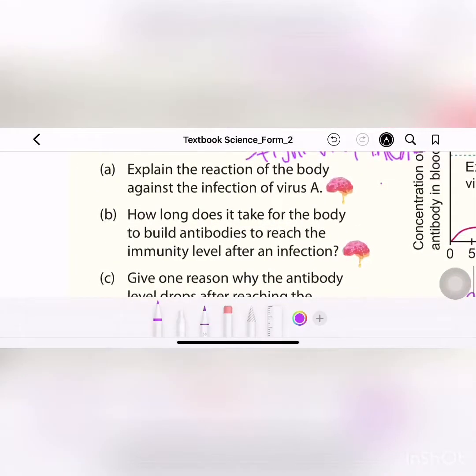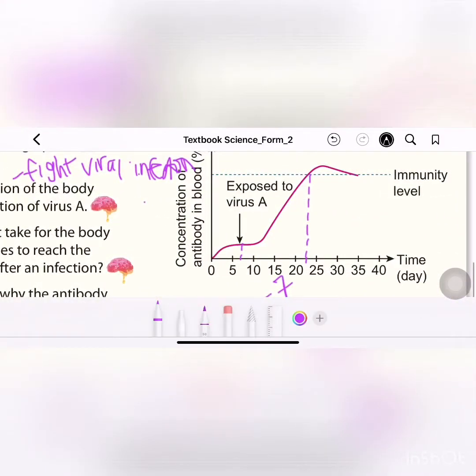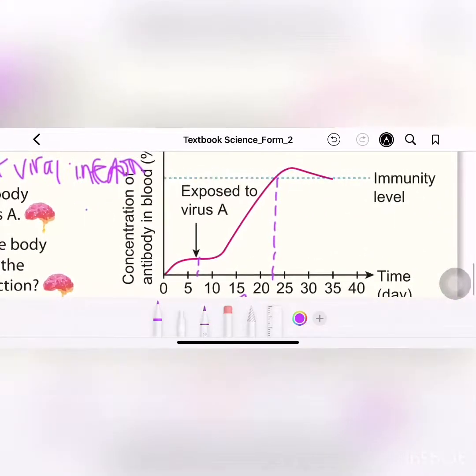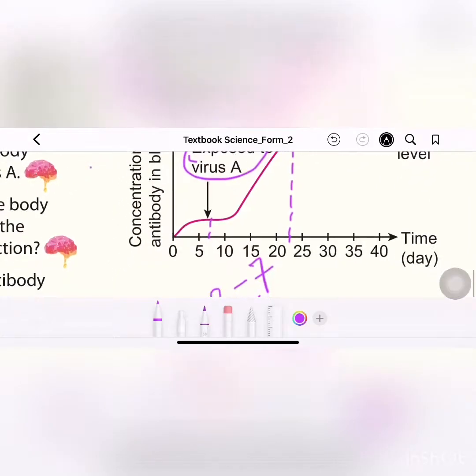For B, how long does it take for the body to build antibodies to reach the immunity level after an infection? This question, I assume it's like this. You see exposed to virus A, there's an arrow showing here. So I assume this is day 7 or day 6.